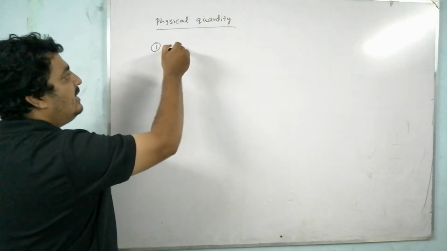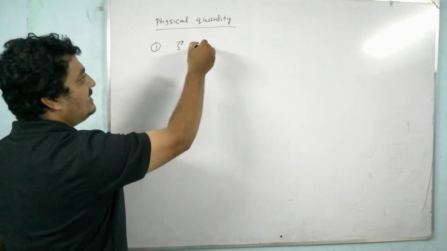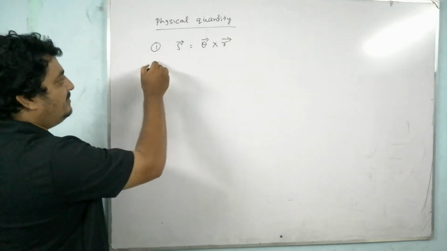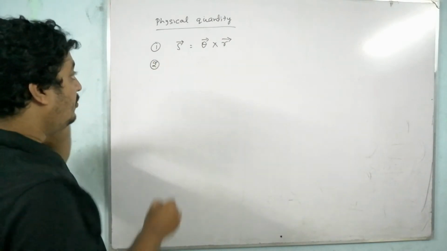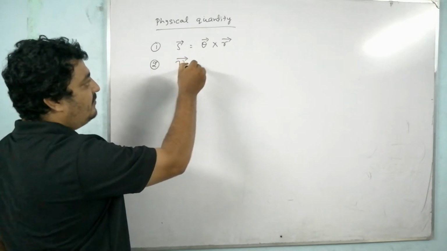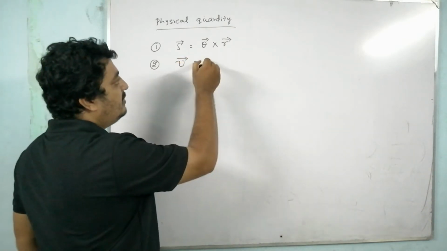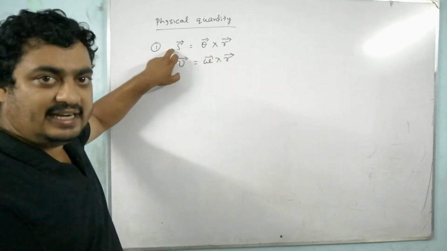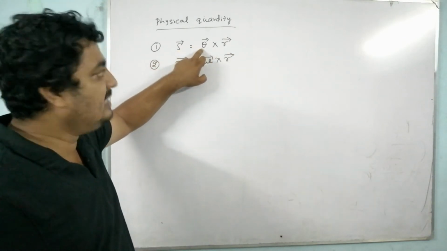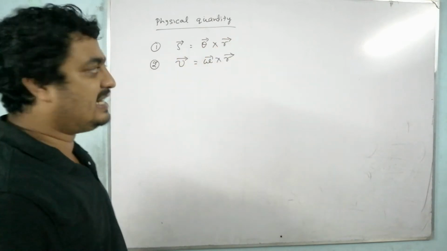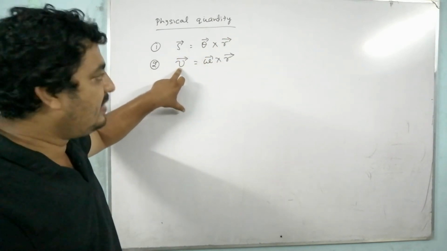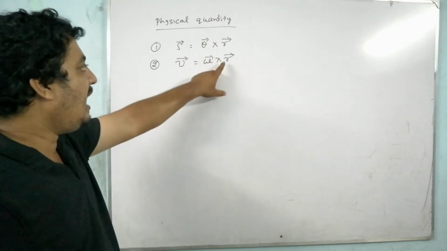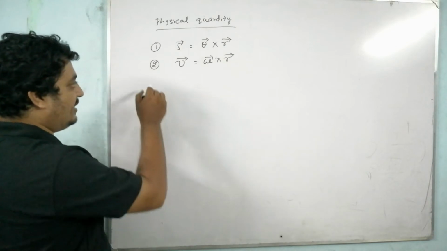First, linear displacement S equal to theta cross R. Similarly, linear velocity V equal to omega cross R. Here S is linear displacement, theta is angular displacement, R is radius vector. V is linear velocity, omega is angular velocity, R is radius vector.